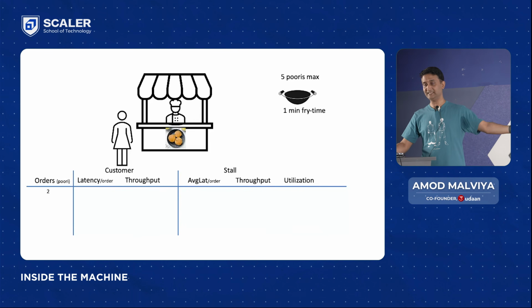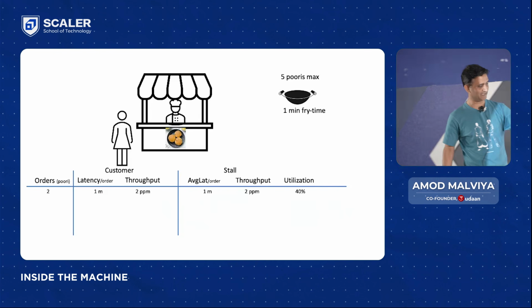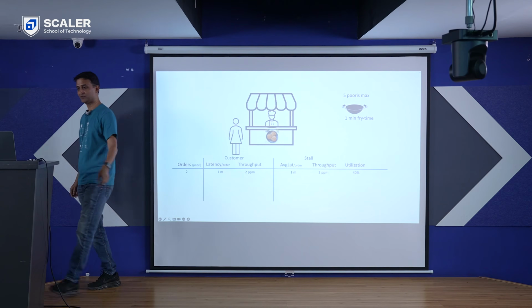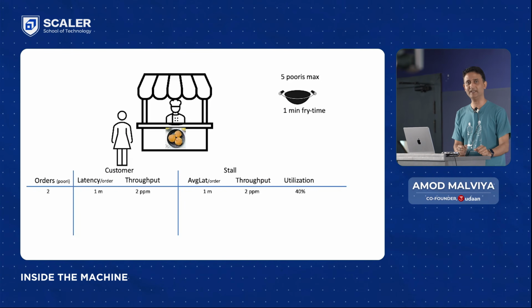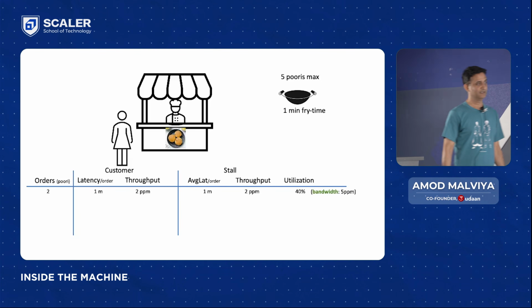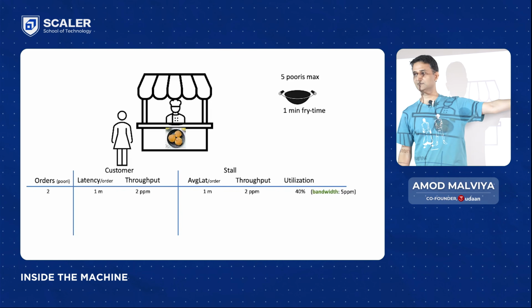So what is the latency that the customer saw? 1 minute. And throughput? 2 ppm, 2 puris per minute. And from a stall's perspective, average latency is again 1 minute and 2 puris per minute. What was the resource utilization? 40%. Why? 2 out of 5. The maximum throughput that we could have achieved was 5.